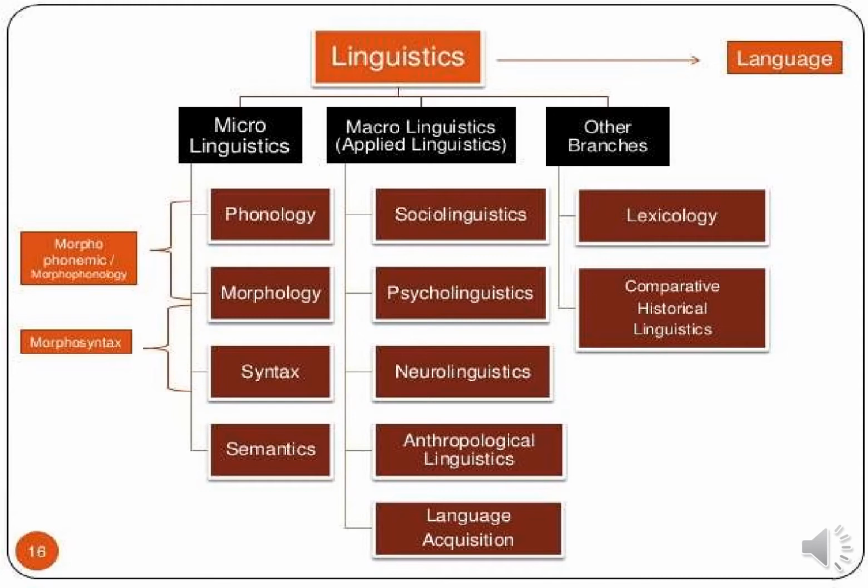In linguistics we have two major types: first micro linguistics and second macro linguistics. And macro linguistics is considered applied linguistics. What is applied linguistics? Applied linguistics means where the practical implementations of linguistics are observed.